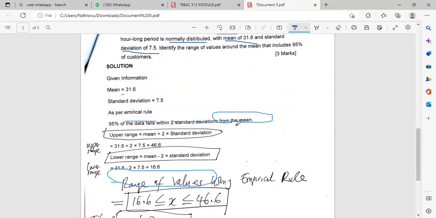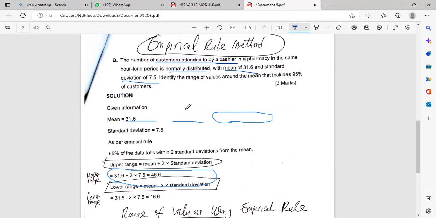All right. So here, when they say 95% of customers, they are indirectly telling us that we have mu, which is the mean of 31.6, and the standard deviation is 7.5.